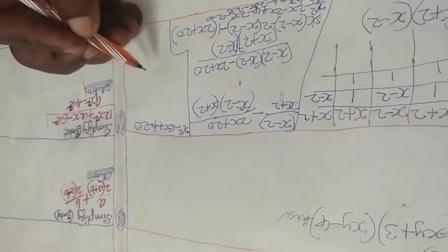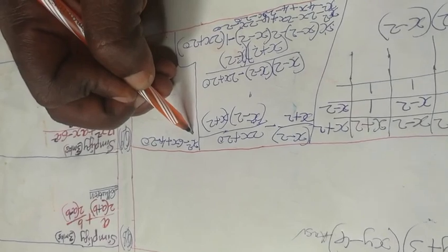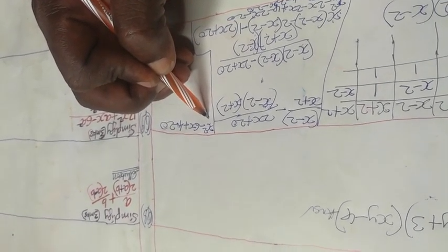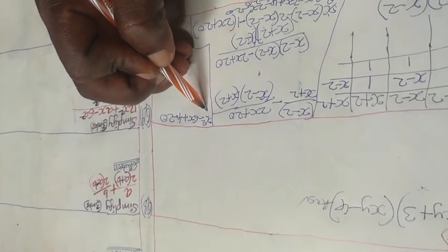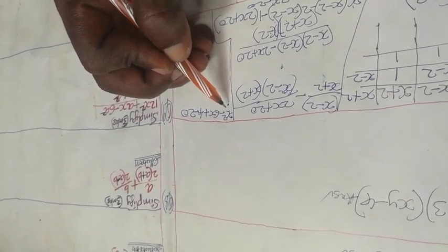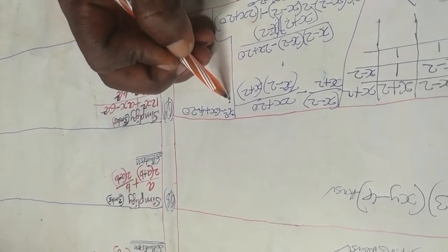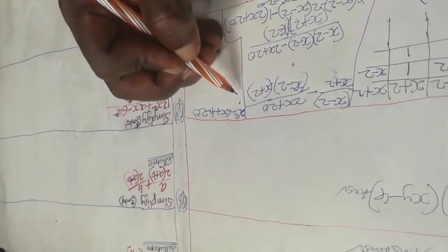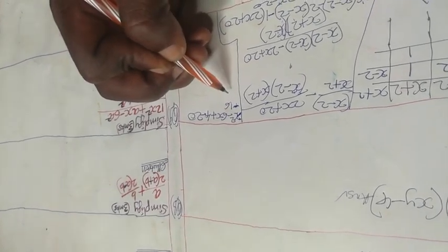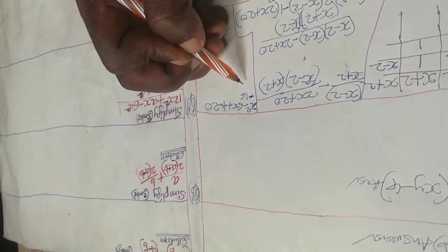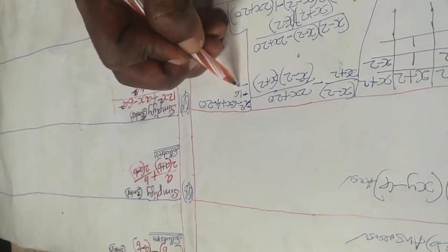Now, here we say, if we multiply AC, we get our product as -16, and sum is -6.